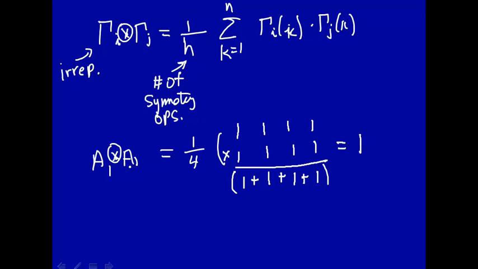So you see that irreducible representation A1 times irreducible representation A1, where we're defining the multiplication as this kind of multiplication here, is equal to 1. Let's pick, say, A2 times B1. What's that equal to? 1/4, the total number of symmetry operations.